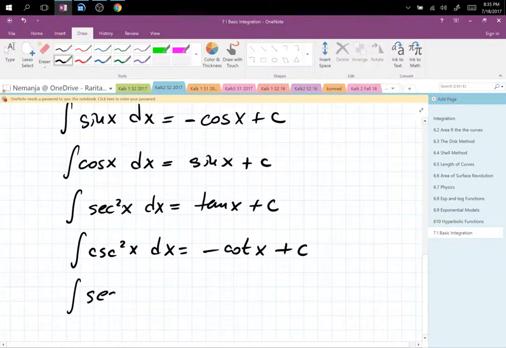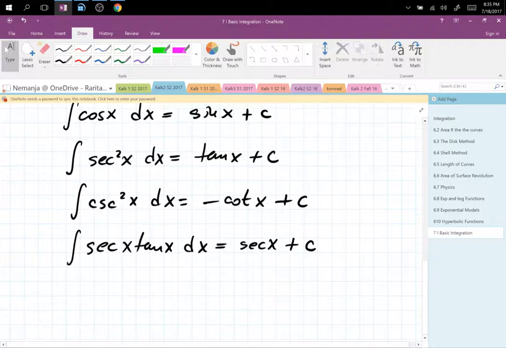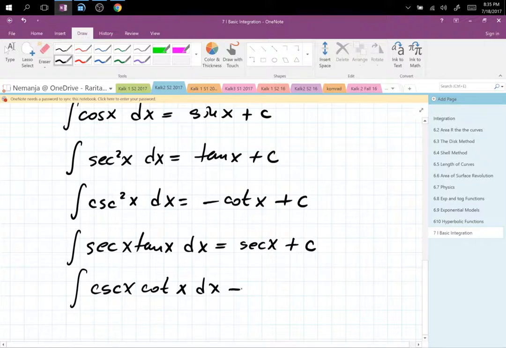How about secant x tangent x? Cosecant x cotangent x? Negative cosecant.